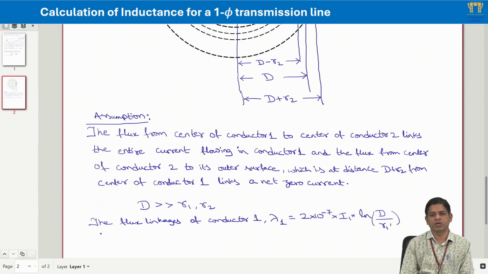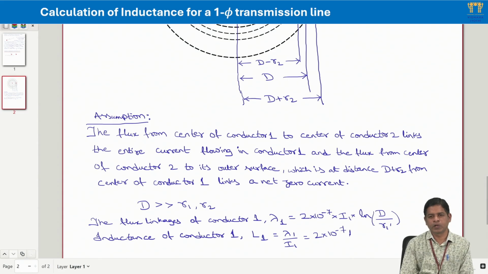And if I want the inductance of conductor 1, that I can call L1, which will be equal to lambda 1 by I1, which is 2 into 10 power minus 7 into log of d by r1 dash Henry per meter, and flux linkage will have the unit Weber turns per meter.